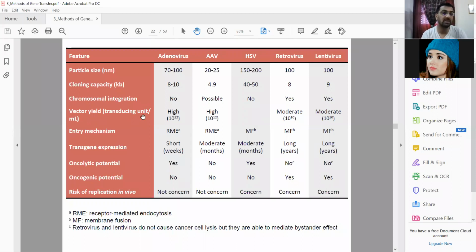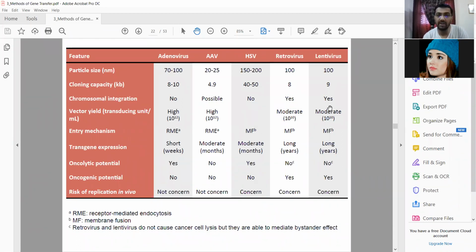Now coming to transduction units per ml, which means vector yield, actually the titer when you are packing the viruses in any mammalian cell. We could have high titers with both adenoviruses and adeno-associated viruses, while we have a moderate titer with retroviruses and lentiviruses. It means when you are packing retroviruses and lentiviruses, we don't achieve a much higher titer, so we don't have many packed viruses to be used for further transduction experiments.